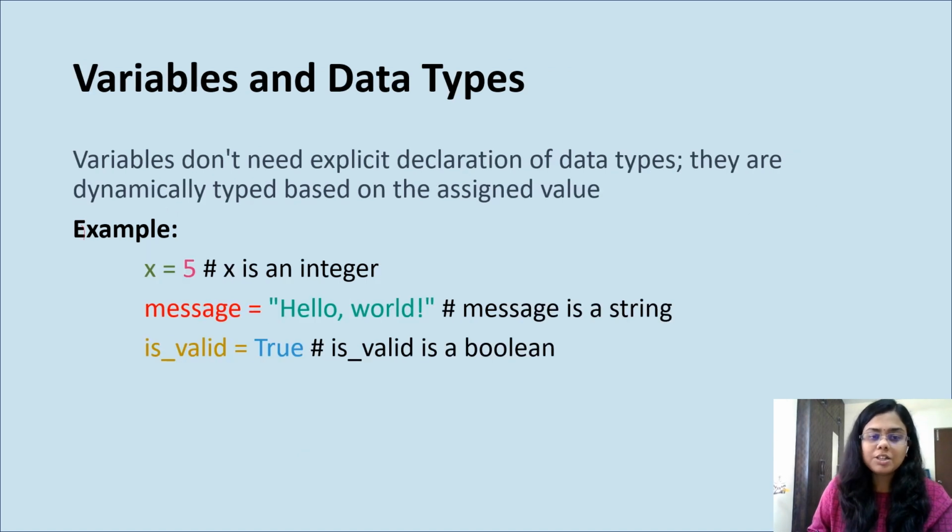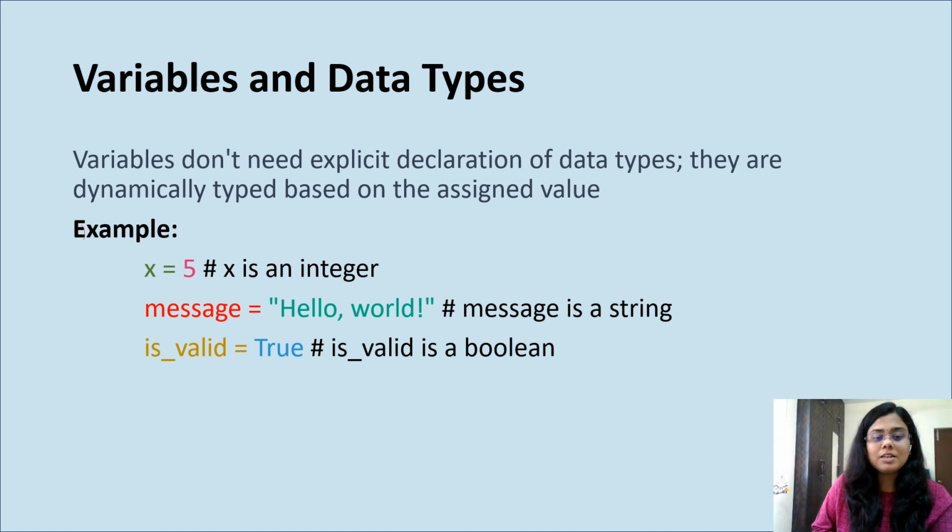Now let us look at the rules defined for variables and data types. We have gone through the different data types that are used in Python in a detailed video. Please go and check it out on our channel. Here, let us look at the rules for variables. As we already know, Python is dynamically typed, and hence any variable that is declared in Python is directly assigned a data type based on its assigned value.